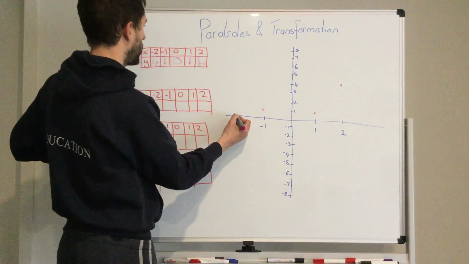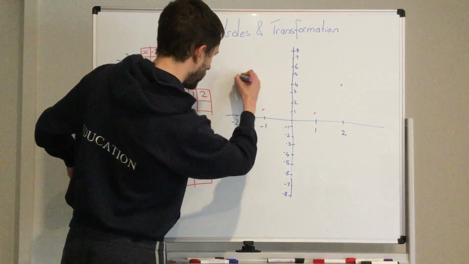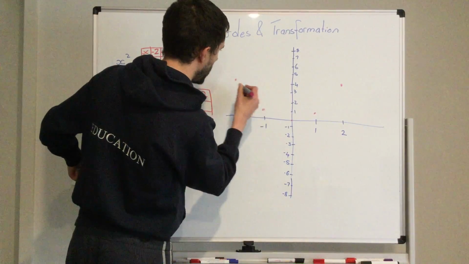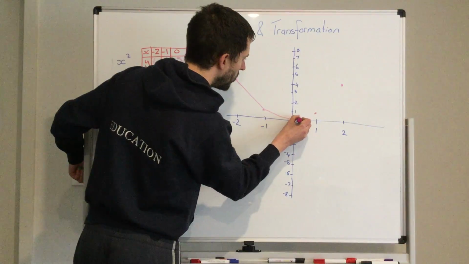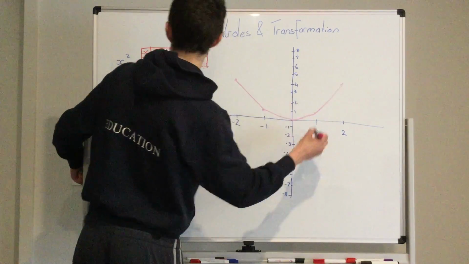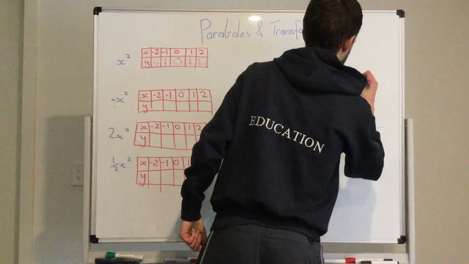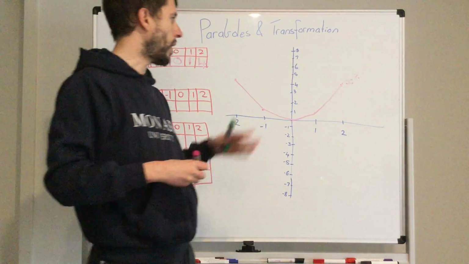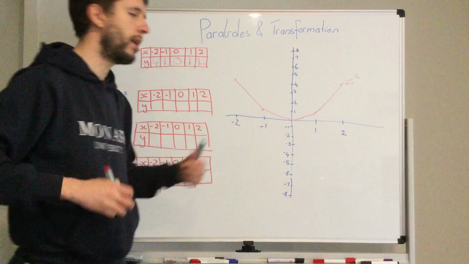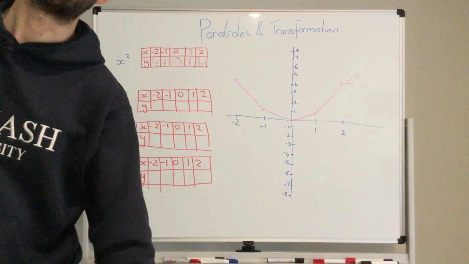When x is negative 2, y is 4. And then we join them together. And that is x squared. So we can see that when A is positive, we are working on this part of the slope. So I've got a minimum.